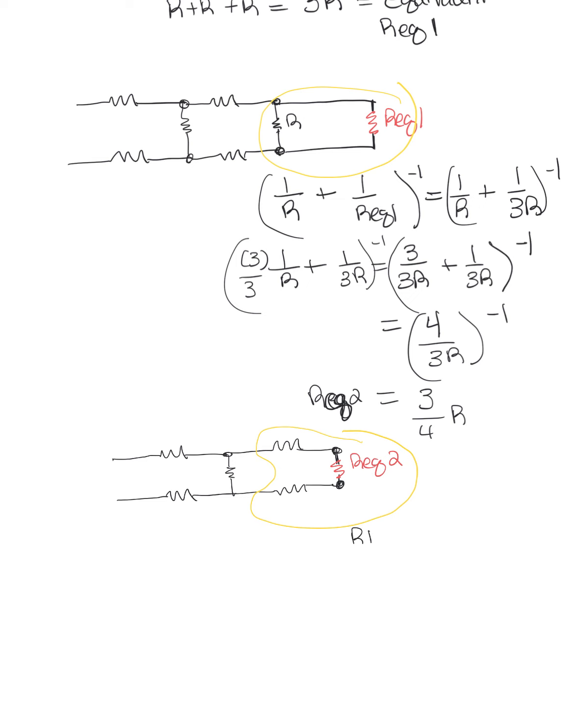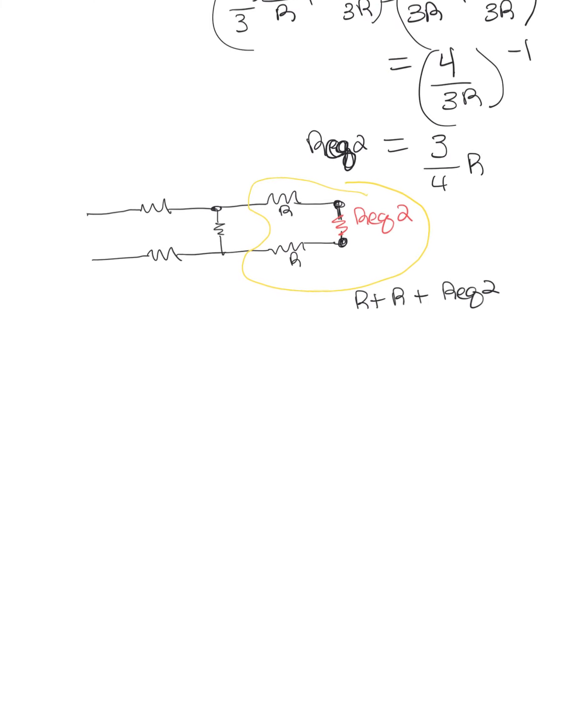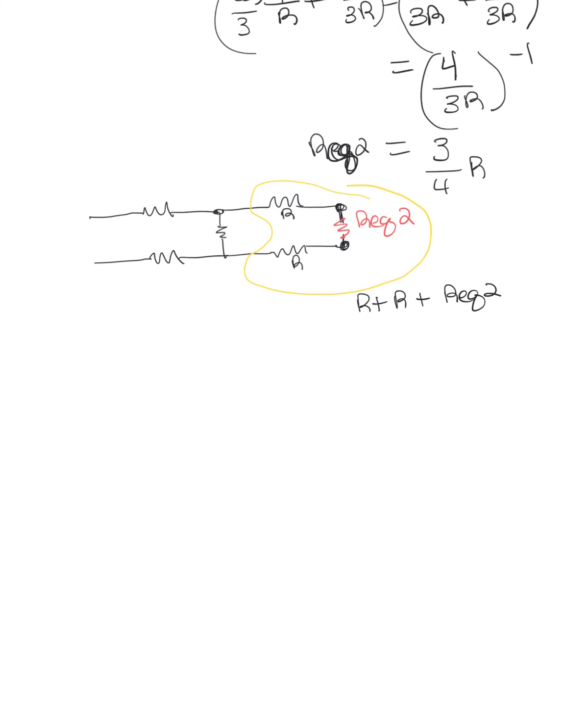So we have R plus R plus REQ2, because remember these are all still a value of R. That equals 2R plus REQ2, which was 3R over 4.